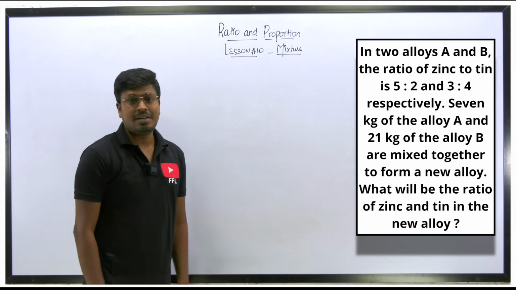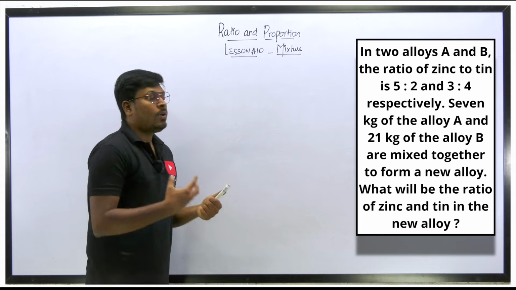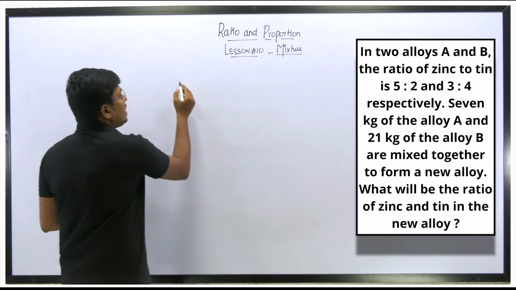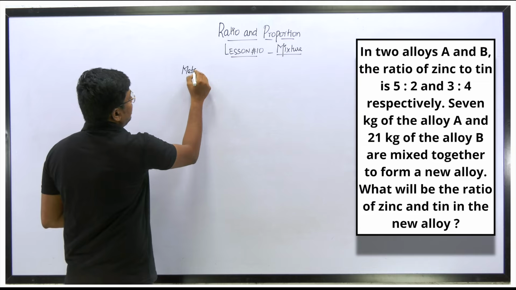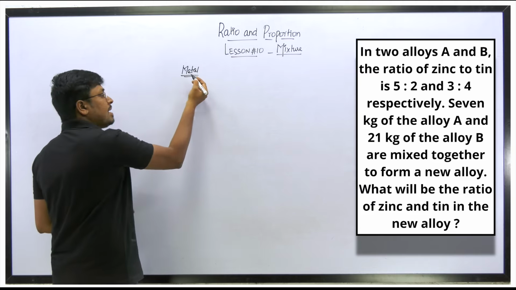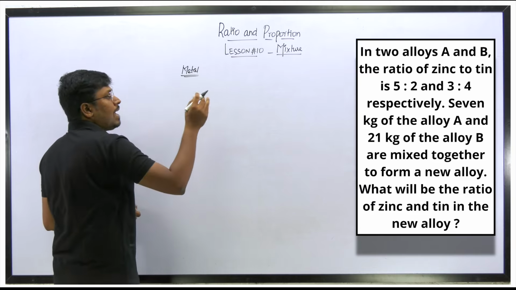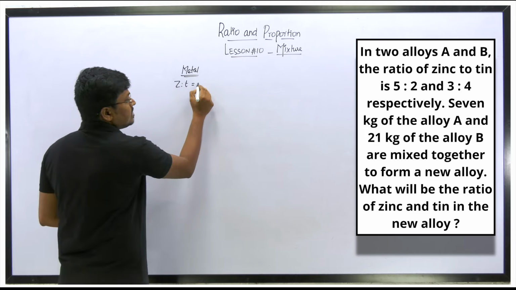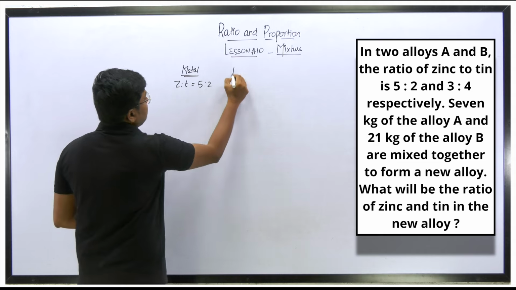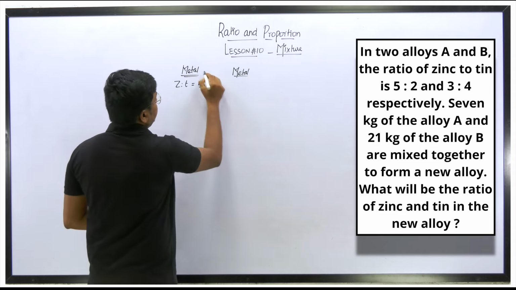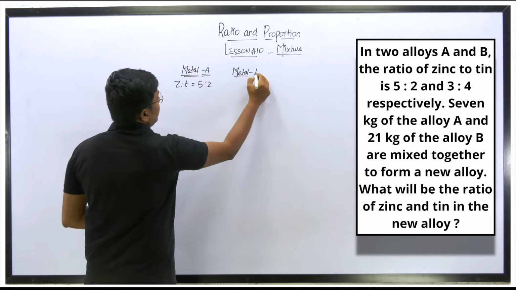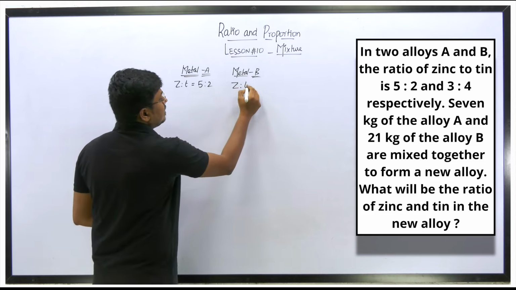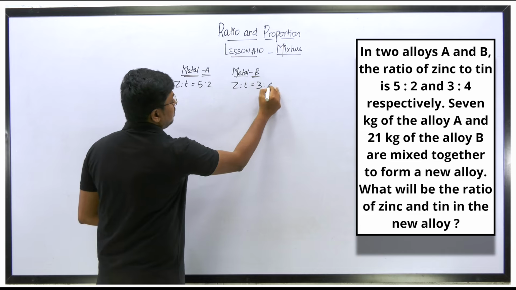Very interesting question. Just see here, two alloys A and B. An alloy is nothing but a metal, right? Let me keep it as a metal frame. In this metal frame, there is a material with two parts in a ratio, that is zinc to tin, in the ratio 5:2. Similarly the second alloy, we can keep this as alloy A and alloy B. In alloy B, zinc and tin are in the ratio 3:4.